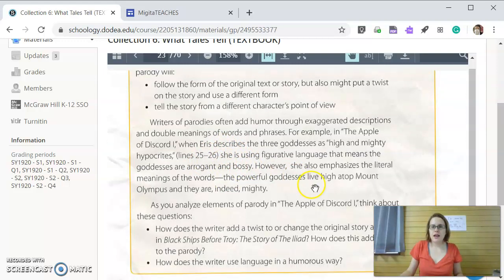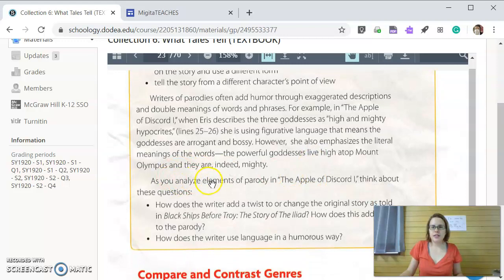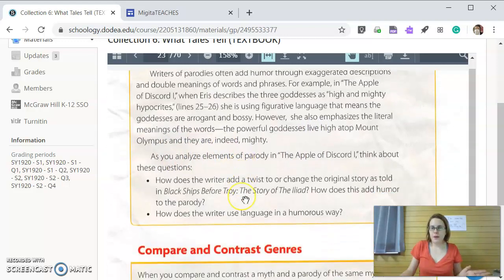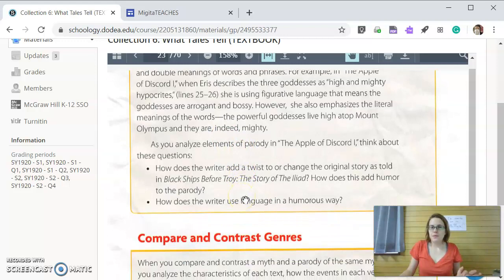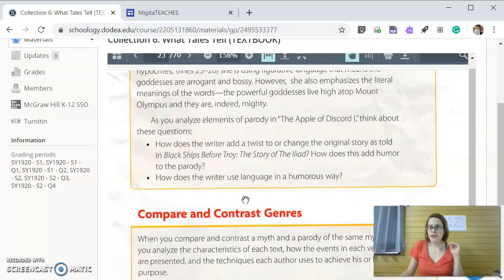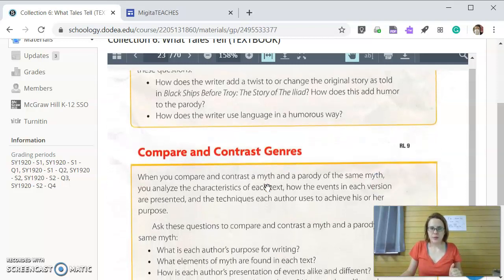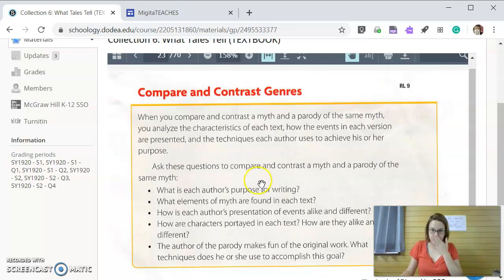All right. So when you analyze elements of parody, think about something that follows the same format, but is also humorous. And why is the language humorous? Because there's usually puns, lexical ambiguity, multiple meaning words there. Okay, so thinking about Black Ships Before Troy and this poem, let's compare and contrast the genres.